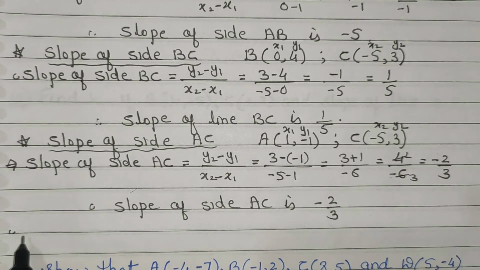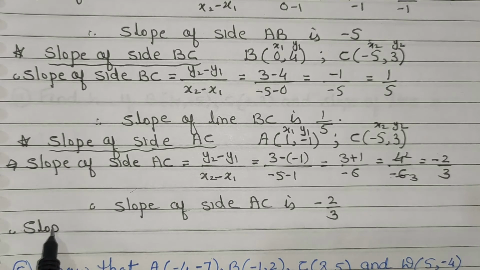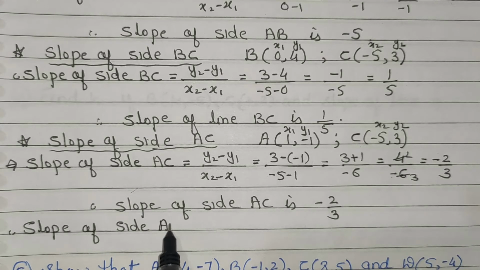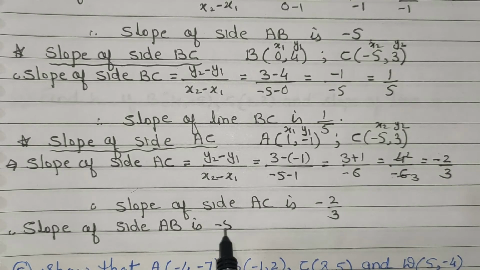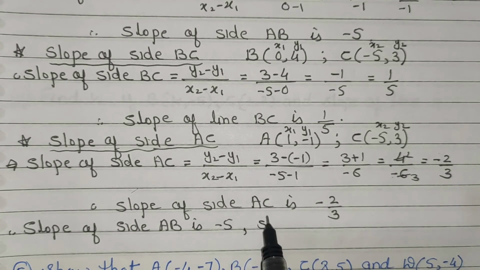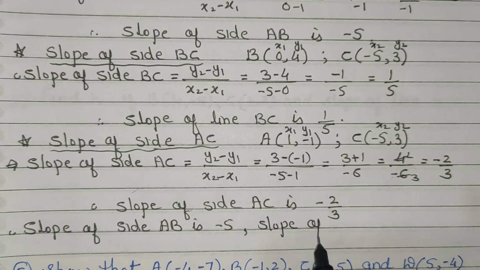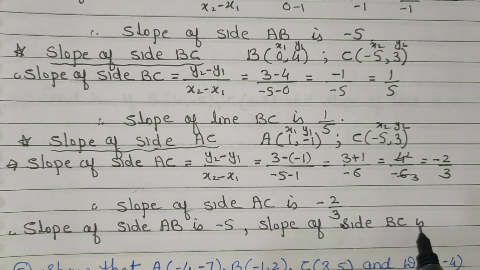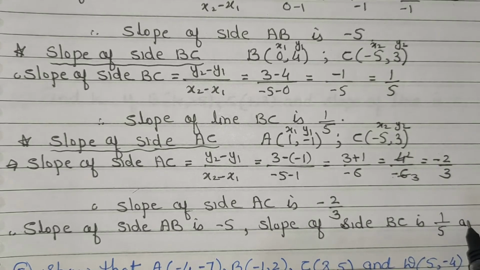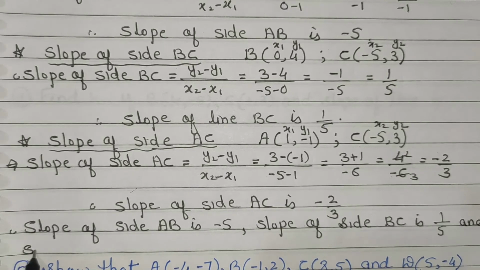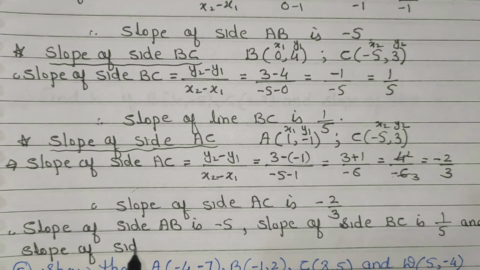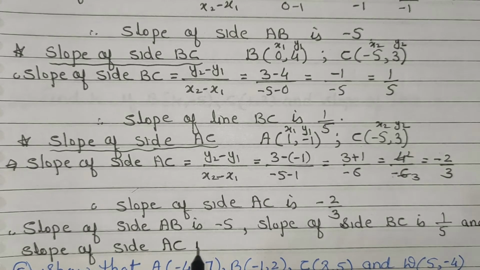Write down the answer here. Slope of side AB is minus 5, slope of side BC is 1 upon 5 and slope of side AC is minus 2 upon 3.